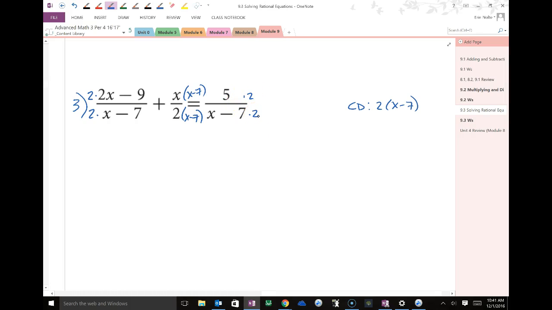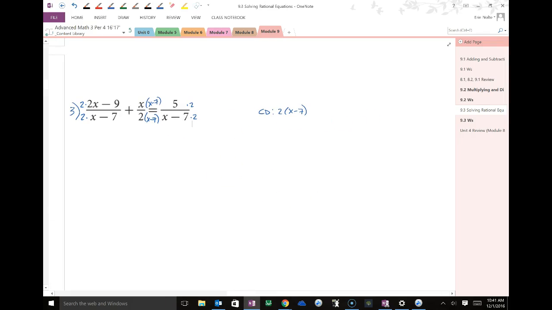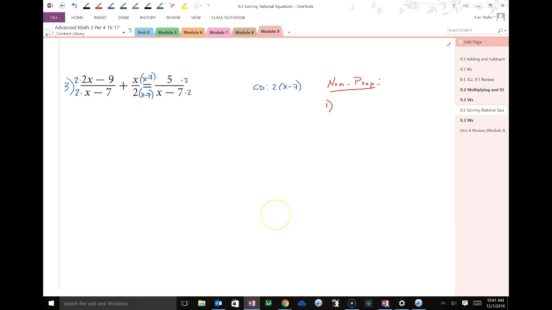Do you guys want me to write steps for this scenario? Yes? Okay, so sorry. We'll call this non-proportions. Non-props. You write it out. I abbreviate. Okay, so what was the first step that we just did? Find the common denominator.